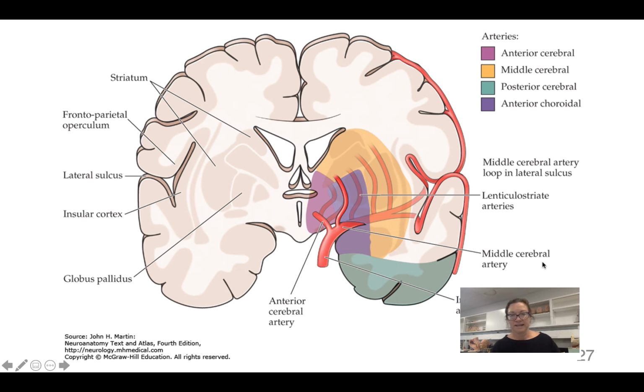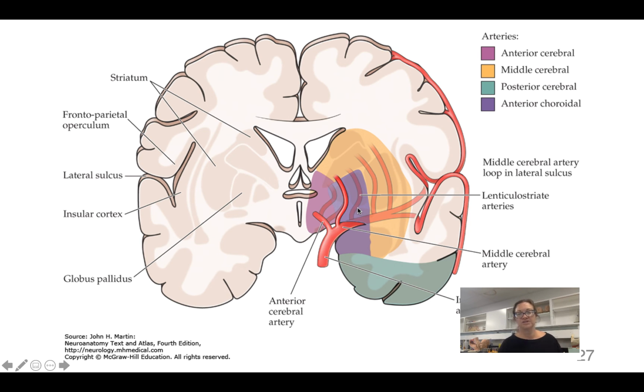The second point I want to make is that if you go from medial to lateral, there's a predictable distribution of blood supply in this deep brain region from anterior cerebral to middle cerebral, interposed in there or separated by the anterior choroidal artery.